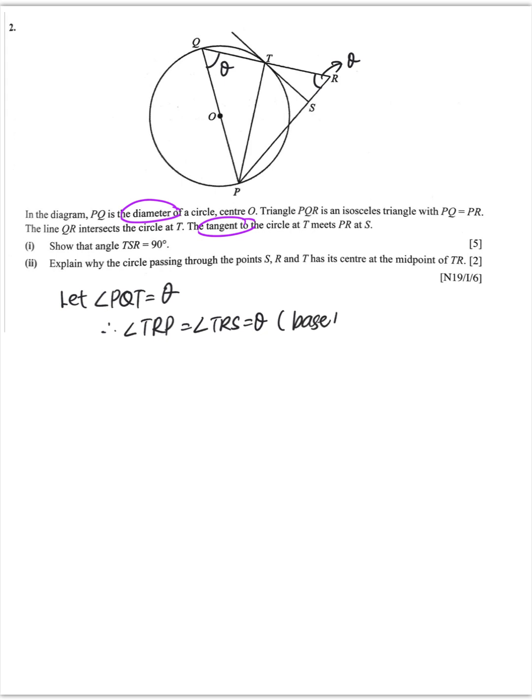Base angles isosceles triangle. Okay, 1 mark. Then you let this be alpha. Okay, so angle, name it U. QTU is equal to alpha. So therefore this is equal to angle QPT. Right? Tangent chord theorem.